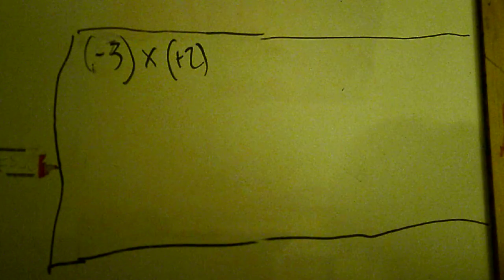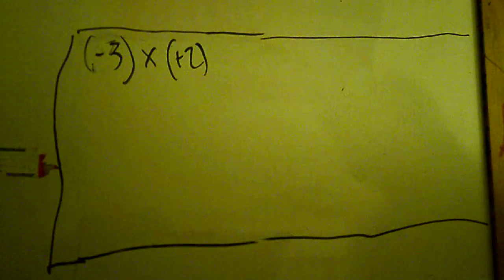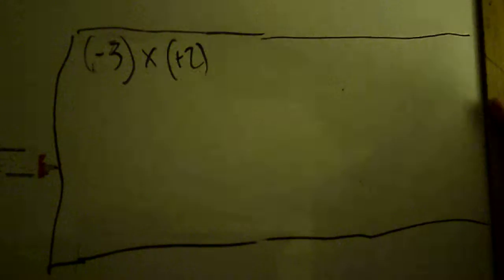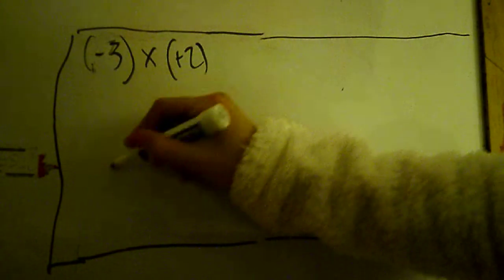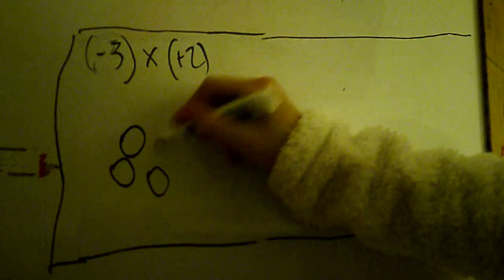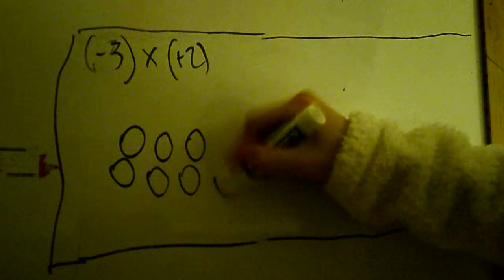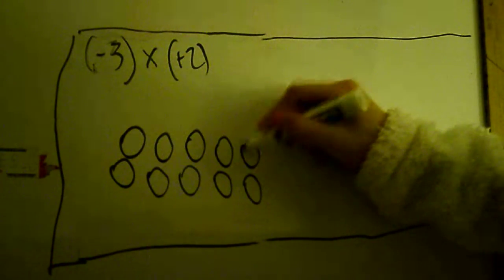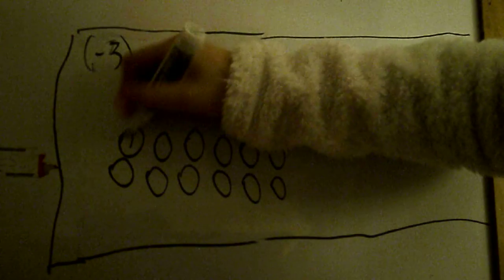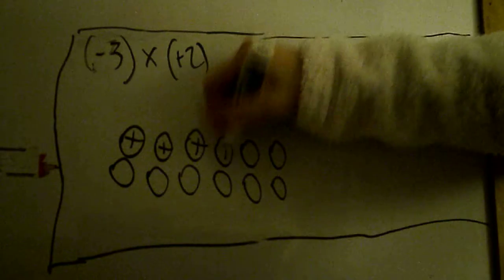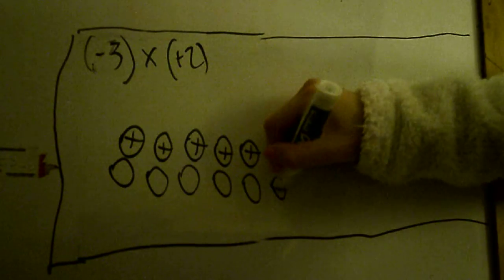So first I forget all the signs and just imagine that they're both positive and think 3 times 2. That's 6. So I have to draw out 6 of these paires nulles. Now I have 6 of them, and I'm going to make these guys positive, and these ones negative.